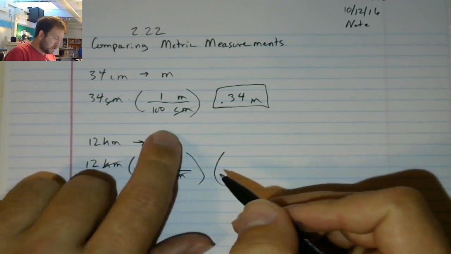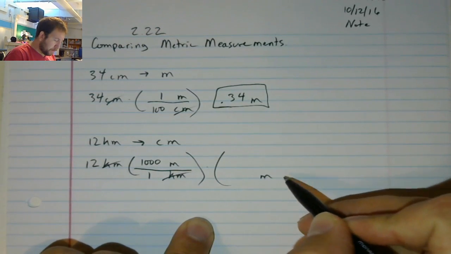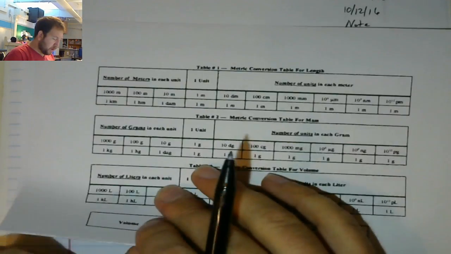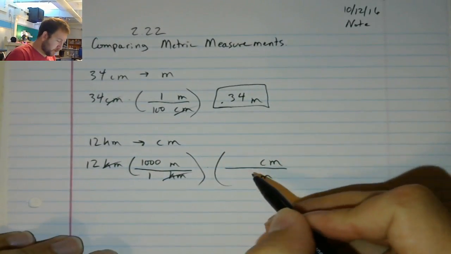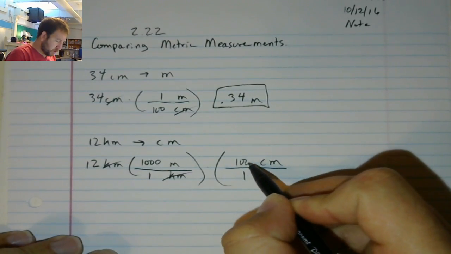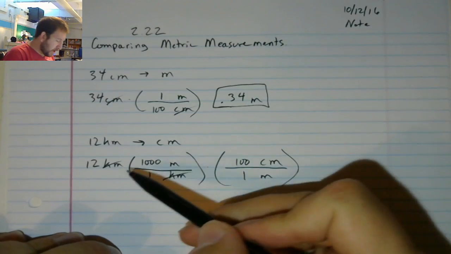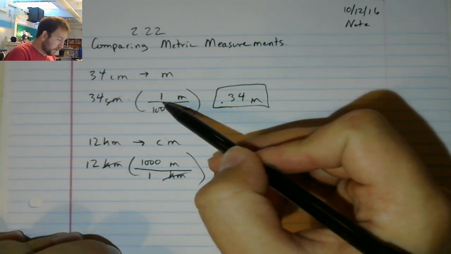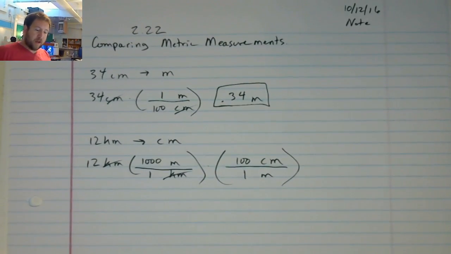Now that I'm at meters, I need to go to centimeters. So my meters is on the top here. I'm going to put it on the bottom to cancel it out, and I'm going to put centimeters on the top. Looking again at my chart, 100 centimeters and 1 meter. 1 meter is 100 centimeters. And I just do the math then. Notice I am going to be multiplying because both are on the top. Up here I divided because it was on the bottom. Remember, I always multiply or divide depending on whether it's on the top or the bottom.